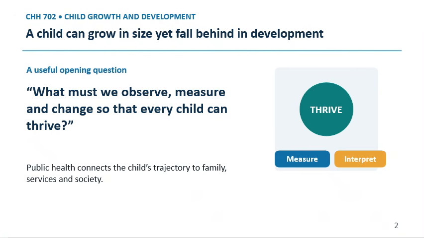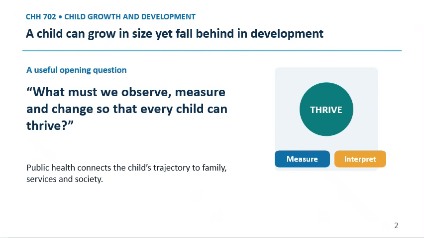On the right-hand side of this slide is the word thrive. Around that idea are 2 major actions: measure and interpret. Measurement gives us information, but interpretation gives it meaning.